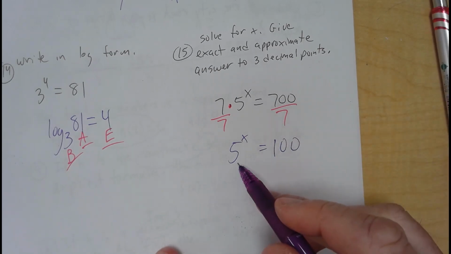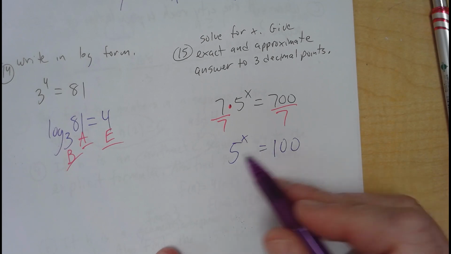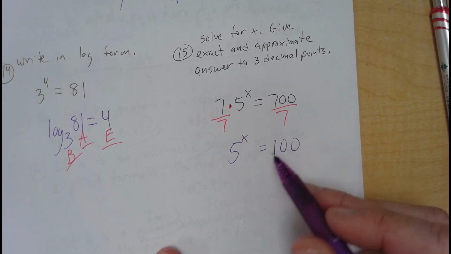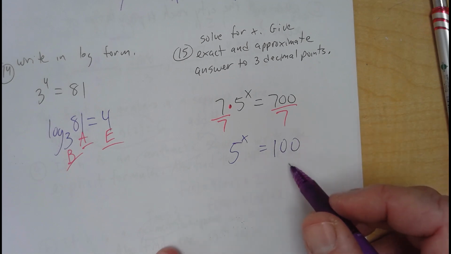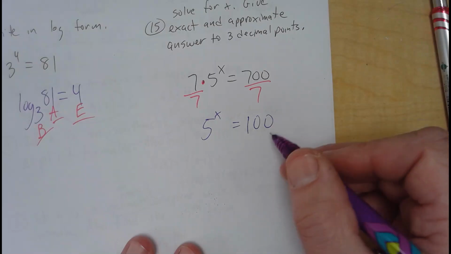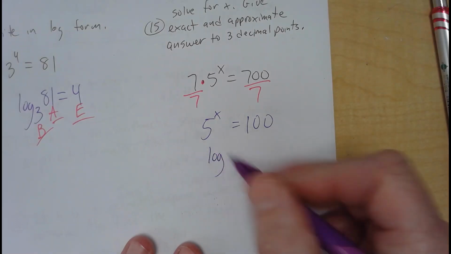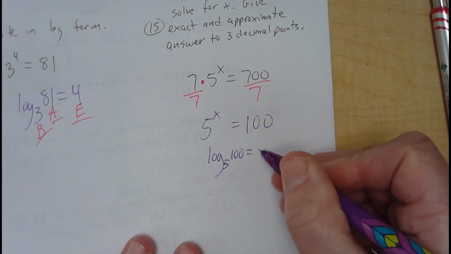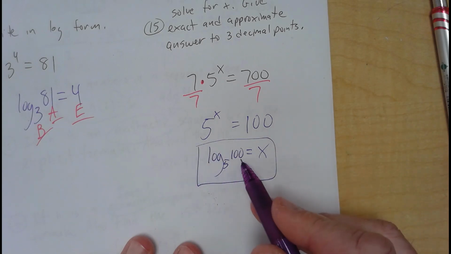Now, I know the answer is 2 something because 5 squared is 25. 5 to the third power is 125. So 2 is too small, 3 is too large, so it's 2 point something. So how do you get the exact answer? Well, you base it up. Log base goes first, so that's your base. Answer, 100, equals x. So x is log base 5 of 100.